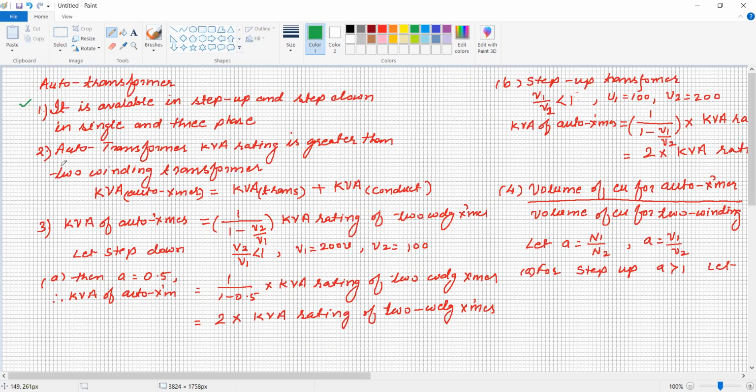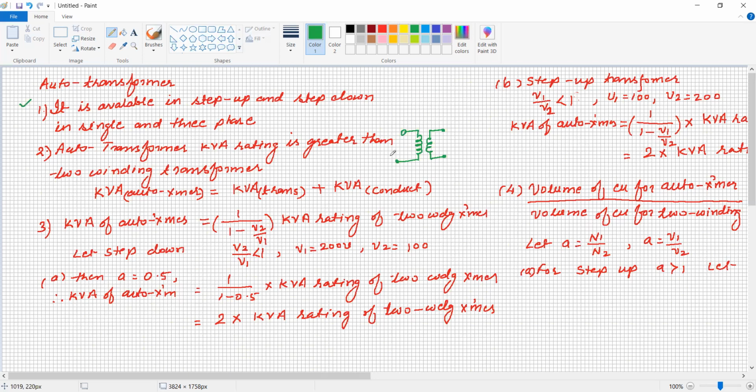Second point, the auto transformer kVA rating is greater than that of the two winding transformer. Suppose we have a two winding transformer, and it is converted into an auto transformer, meaning the two windings are connected in series to make a single winding, and we can make it step up or step down.